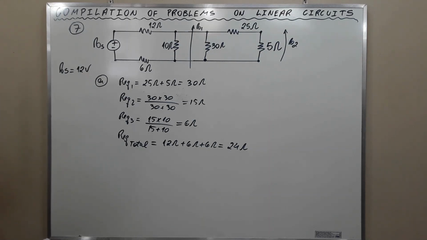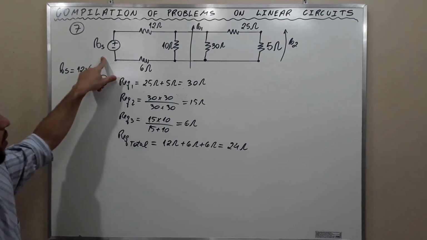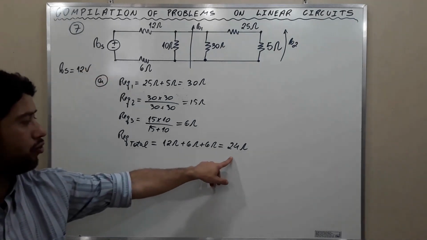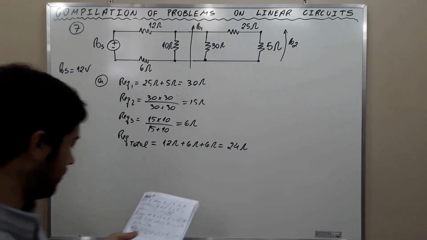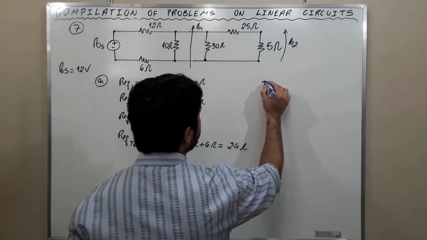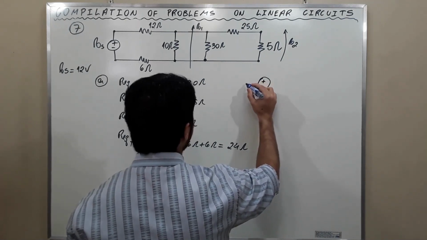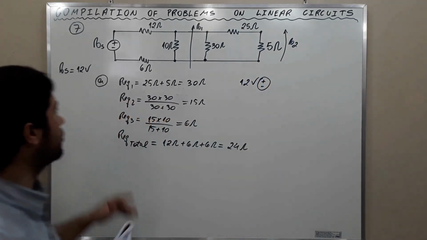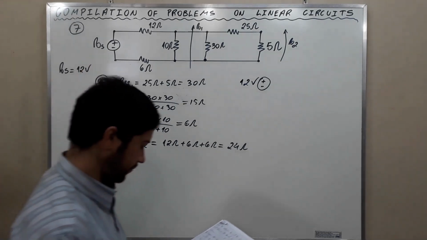And now let's calculate the output current of the voltage source. The voltage source is going to supply current, and we are going to use this equivalent resistance to calculate it. The voltage of the voltage source is 12 volts.